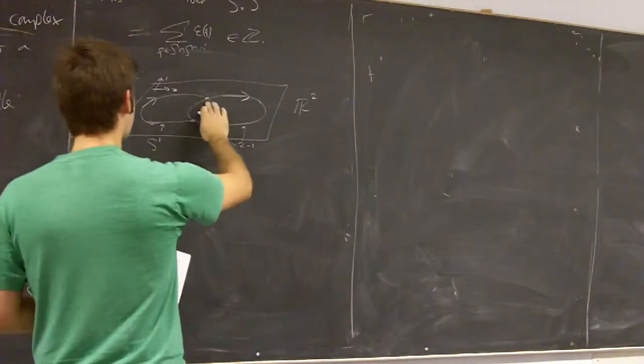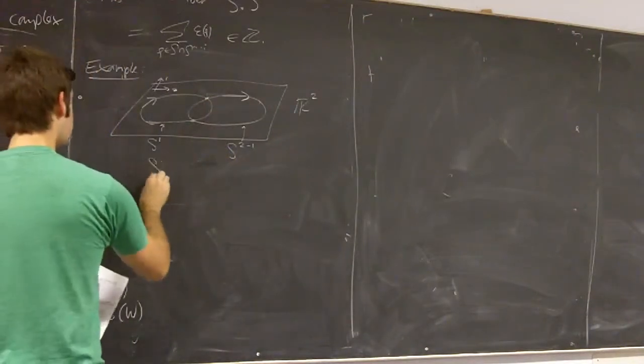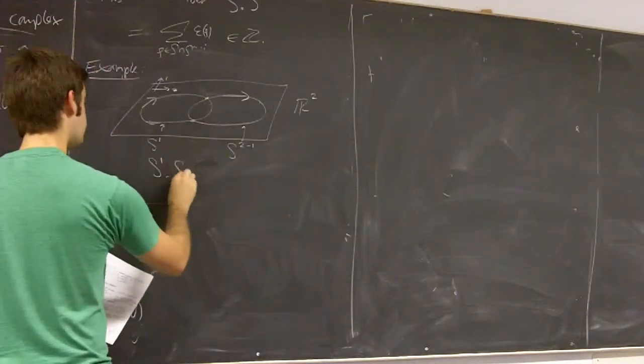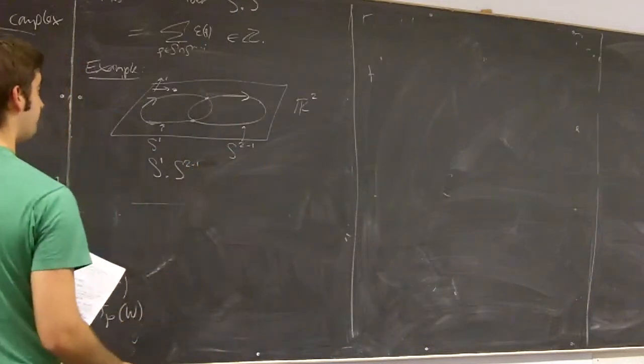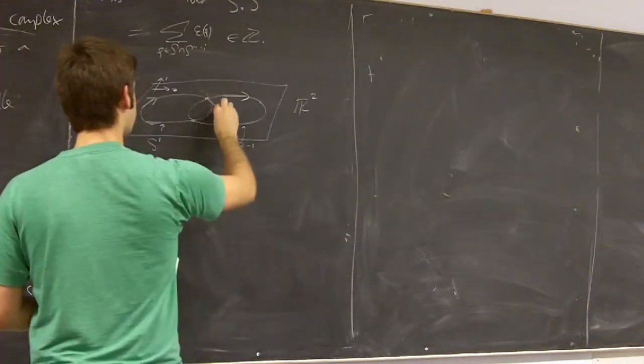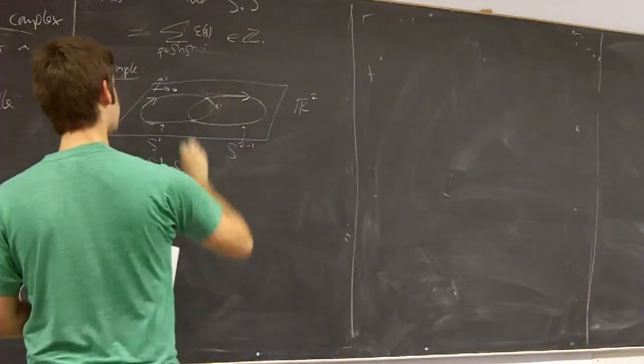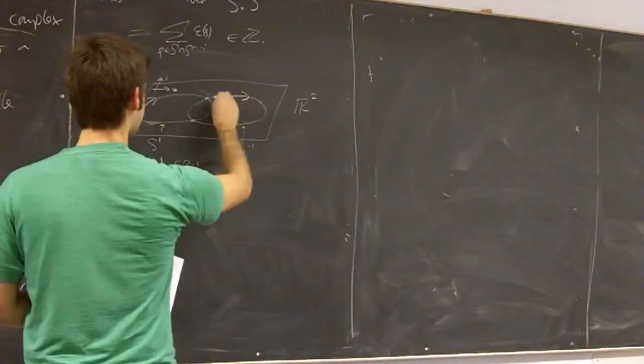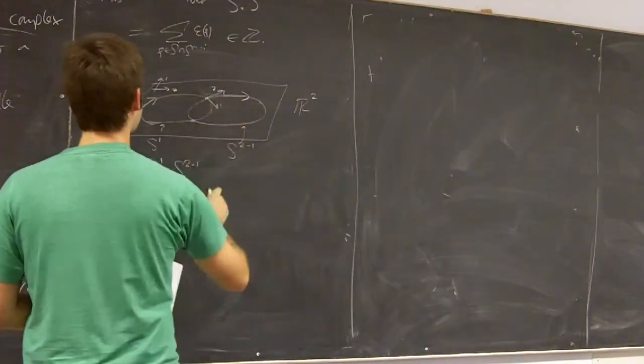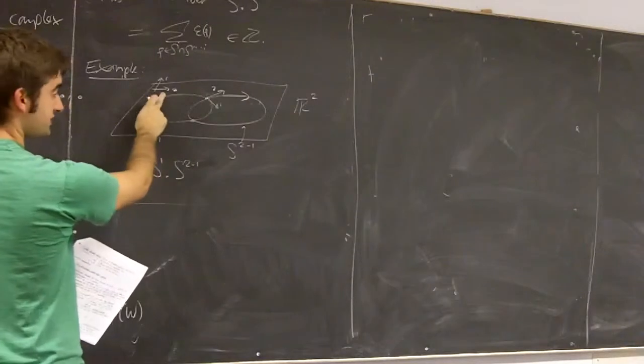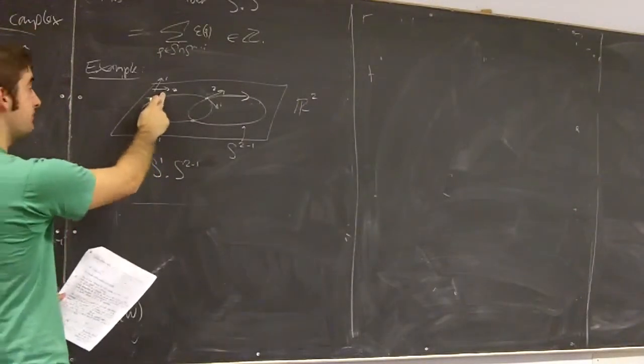So let's orient this one this way and this one this way. If we consider this first dotted with S^(2-1), then we put the orientation of this first and then the orientation of this second, and we see that this is the other way round to the orientation of R2.